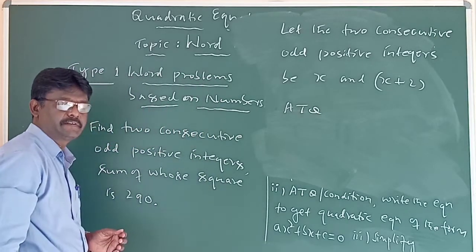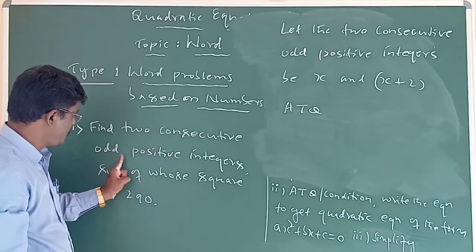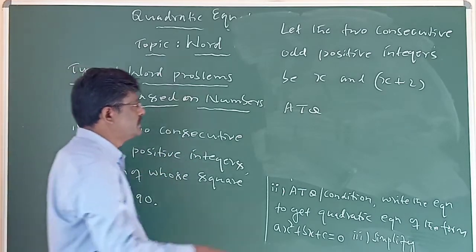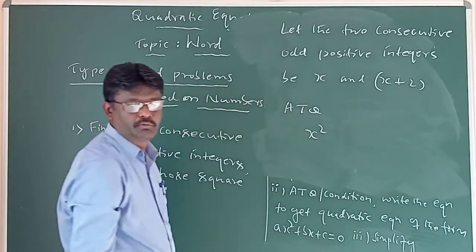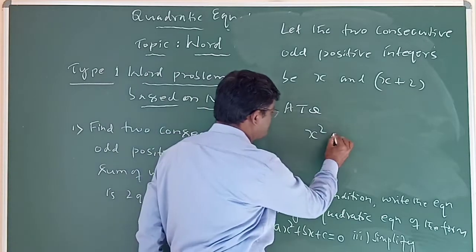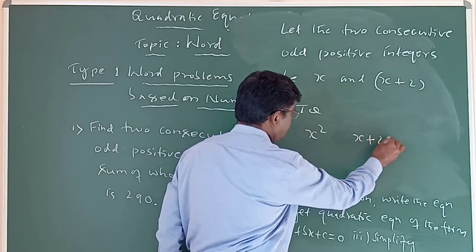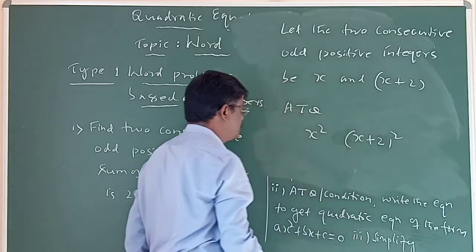The next is, according to the question, ATQ. What does the question say? According to the given condition, find two consecutive odd positive integers, sum of whose squares. What is the square of x? x square. What is the square of x plus 2? x plus 2 whole square. This is the condition.